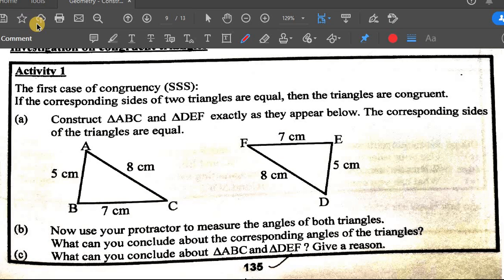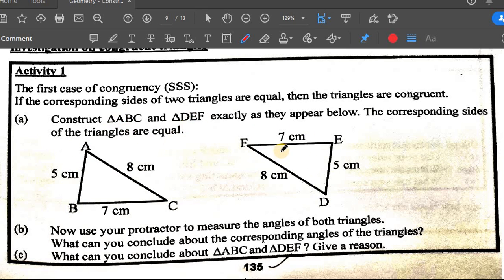Okay, so I've already shown you how to draw a triangle. The same concepts apply here. You would have had to draw this triangle and this triangle, namely ABC and DEF.